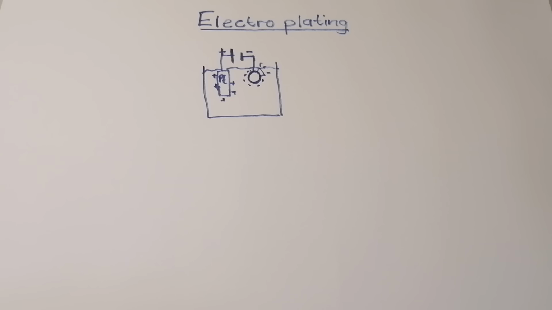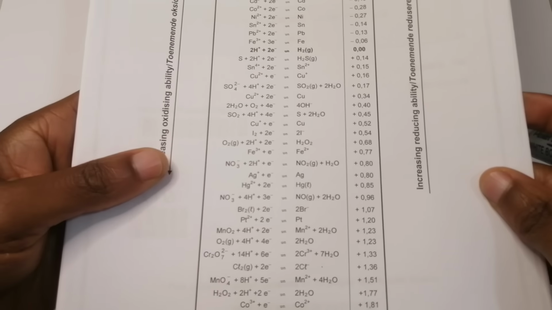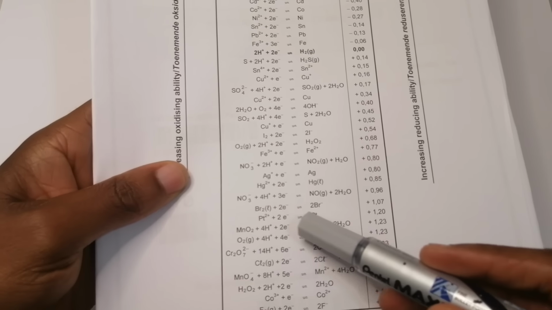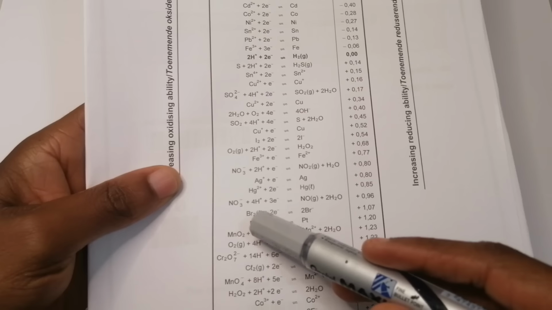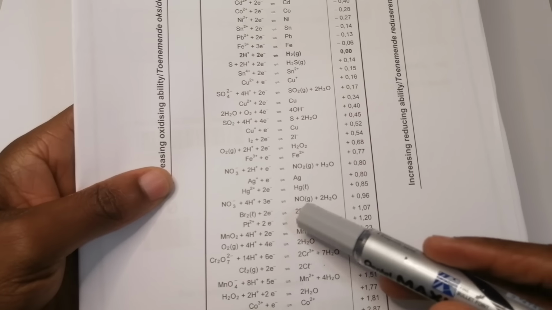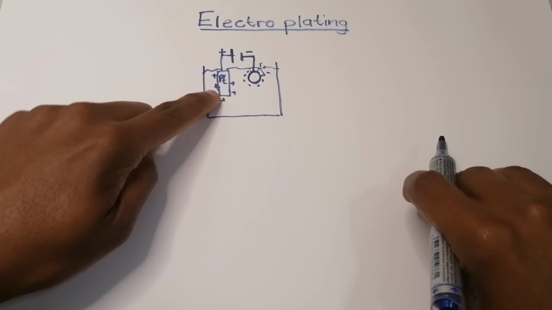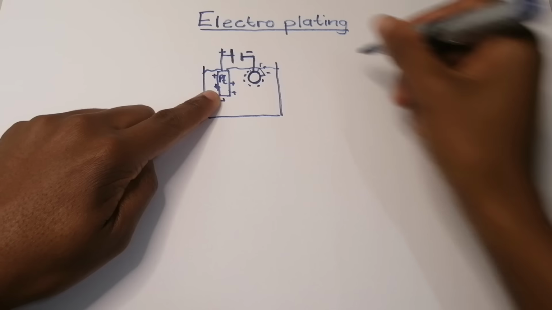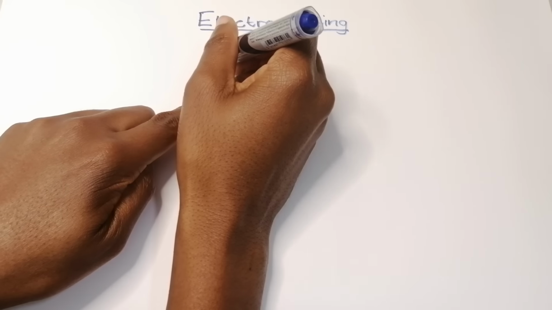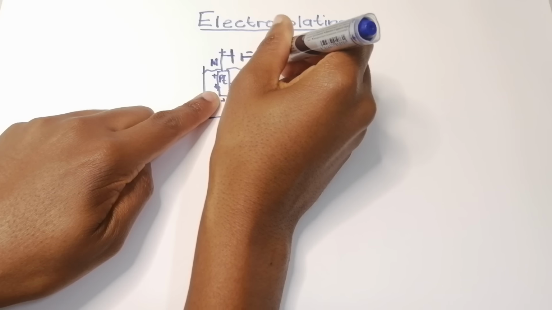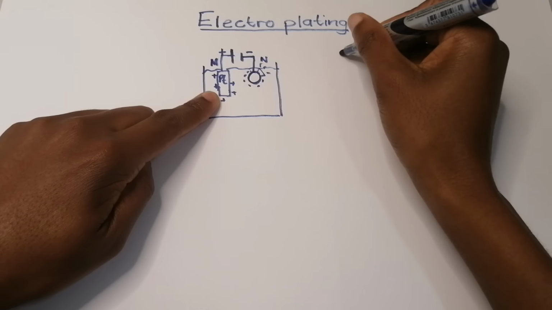Now going to your standard potential table, once again, there's my platinum over there. In this case it is Pt2+ plus 2 electrons forms Pt. So let's give the electrodes another name. Let's say that's M and N. What happens at electrode M?